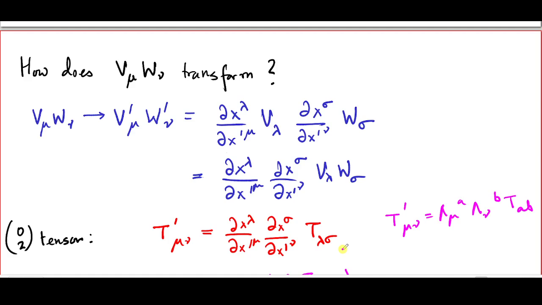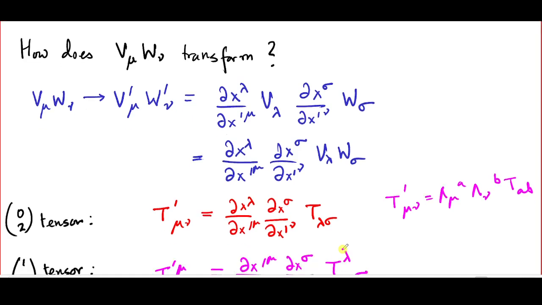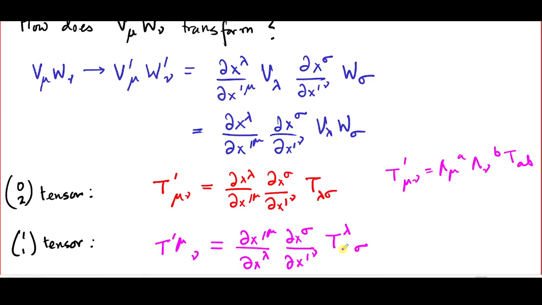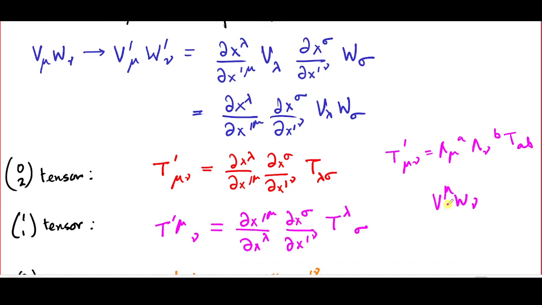Well, it's very easy to see that if you had started with, say, an object like V mu W nu, you would have ended up with something which transforms in a different way. In fact, what we are talking about here is more like V upper mu W lower nu. This goes like T mu nu, its transformation. This is something I can write down without even worrying about anything else.